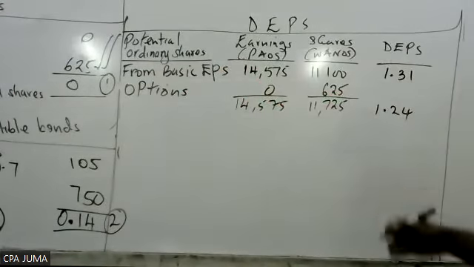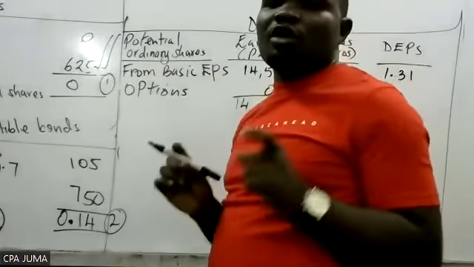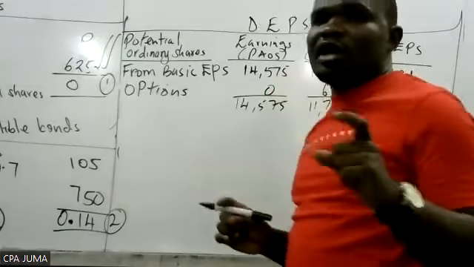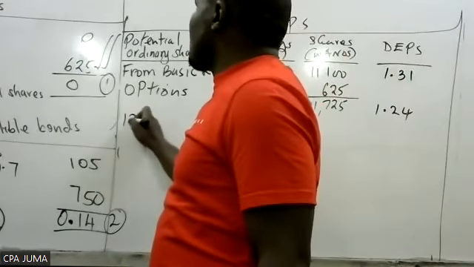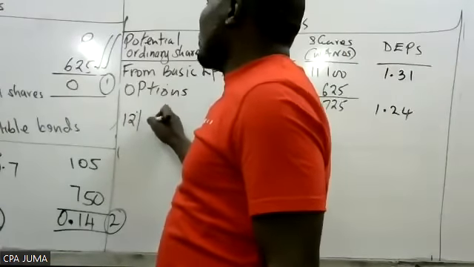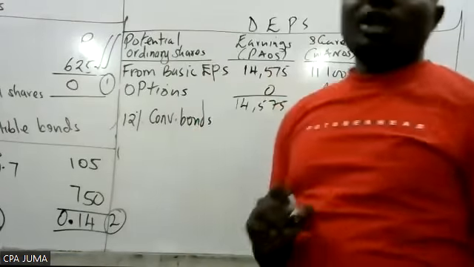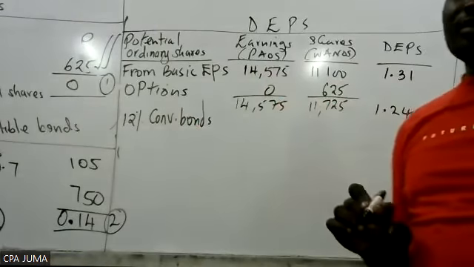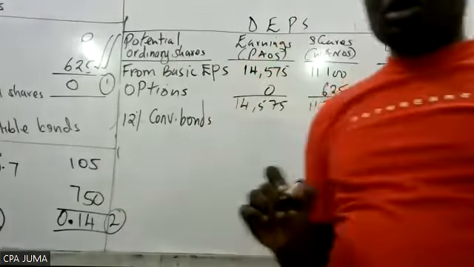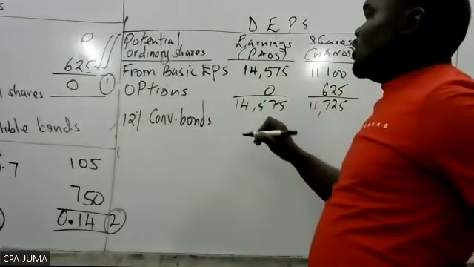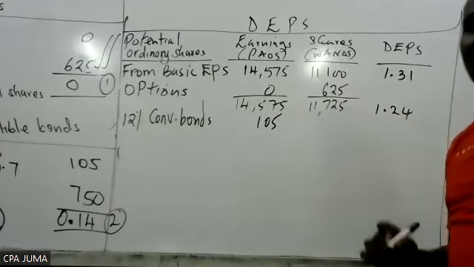EPS has started going down. When the bondholders convert, so you bring 12% convertible bonds. 12% convertible bonds. It will be 105.